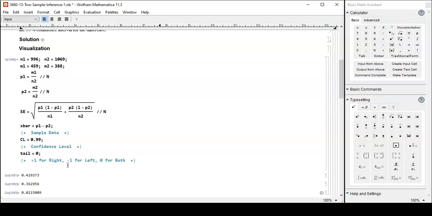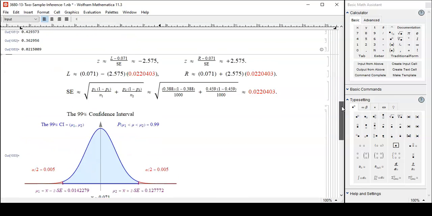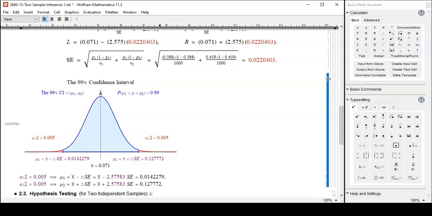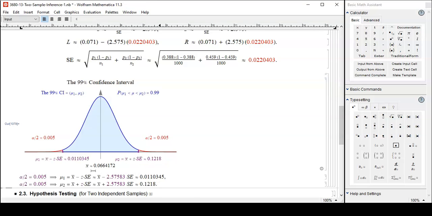Okay, all right. For women, 42.9%. For men, 36.3%. And then SE is 0.215 something. And then the picture changes accordingly. The observed difference was 6.64 percent point difference, and then changed a little bit.